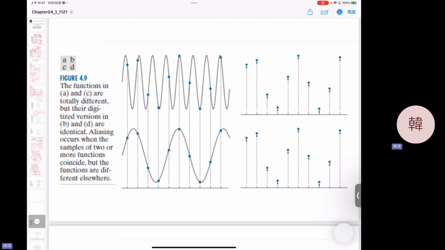There are two sinusoid functions, and this one's frequency is higher than this one. However, if you sample at these blue points, with this sampling time, please look at the right-hand picture. The result is exactly the same, right?